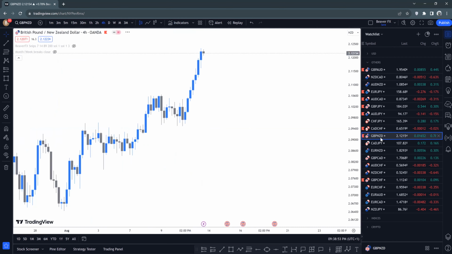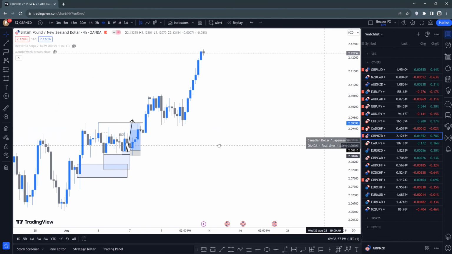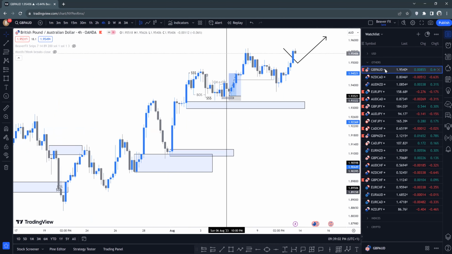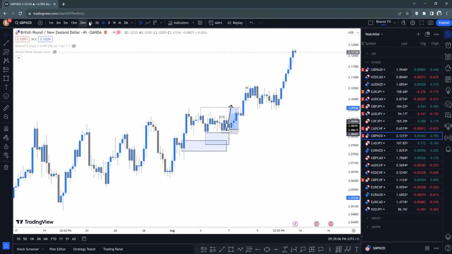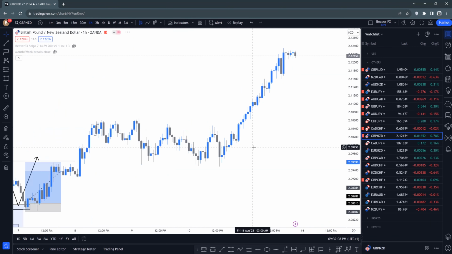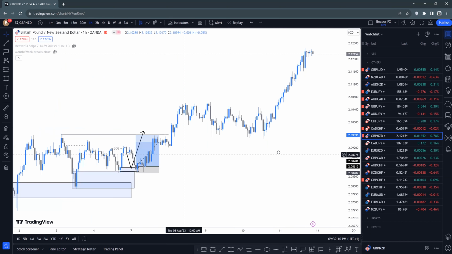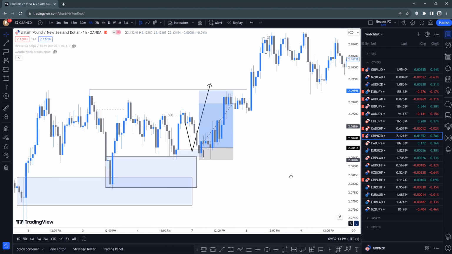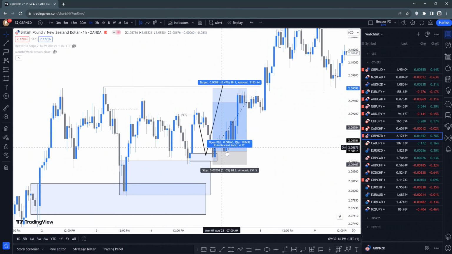So for GBP/NZD, looking at this also, I think what happened on GBP/JPY, I took a buy. Yes, I did the same thing also on GBP/NZD. I realized that they actually have some similar price action there, so I was able to also take advantage of this trade here.